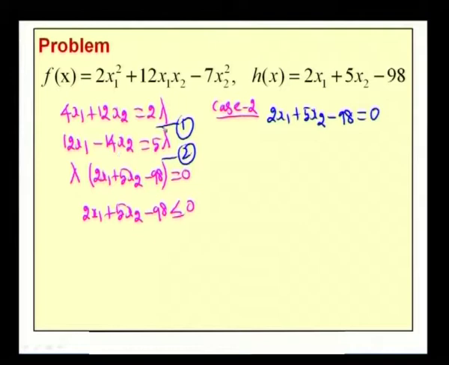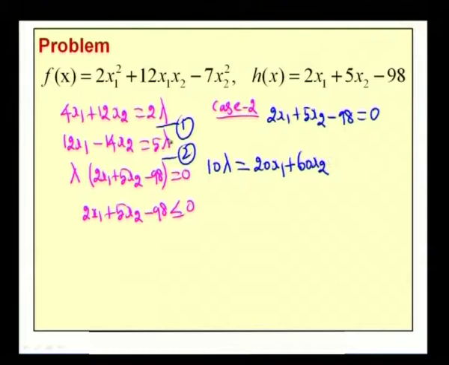From equations 1 and 2, multiplying equation 1 by 5, we get 10 lambda equal to 20x1 plus 60x2.